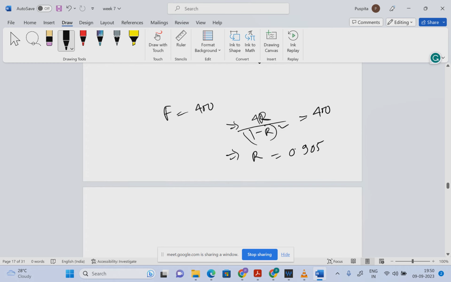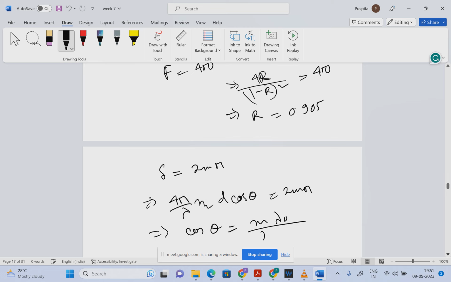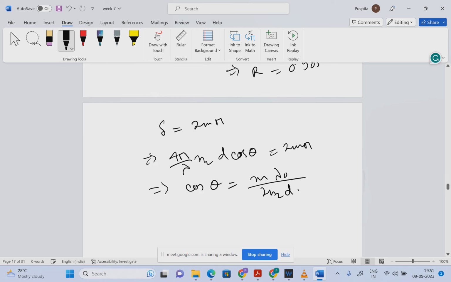We have seen that delta needs to be 2 m pi. Delta is equal to 4 pi by lambda times mu d cos theta, equal to 2 m pi. So cos theta is equal to m lambda naught by 2d.